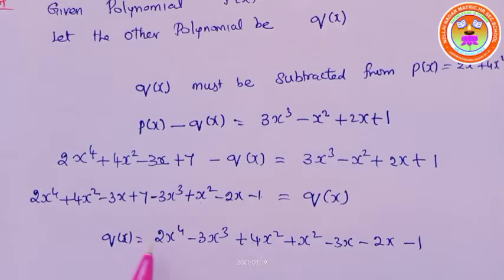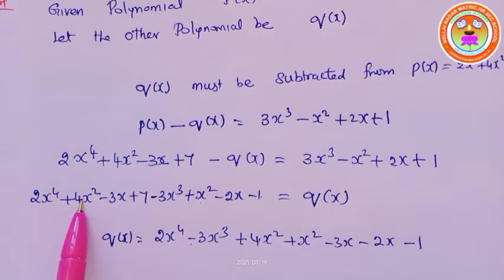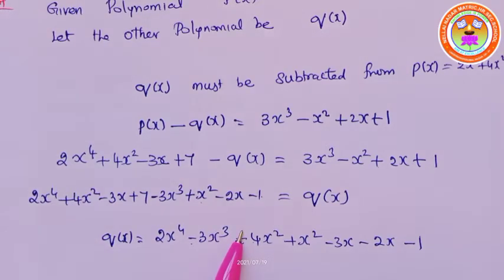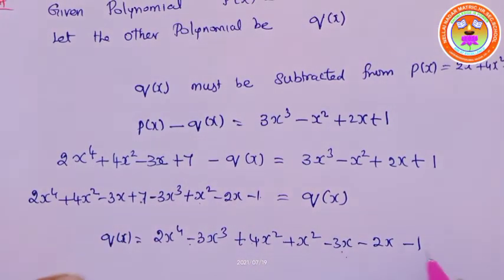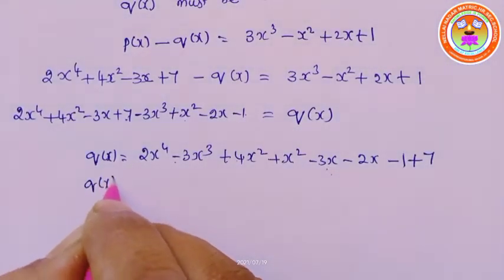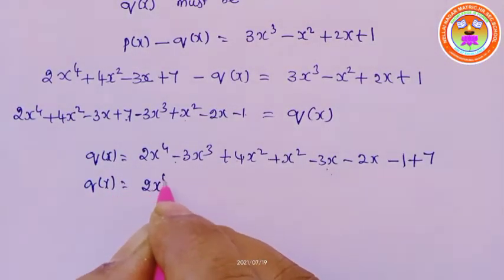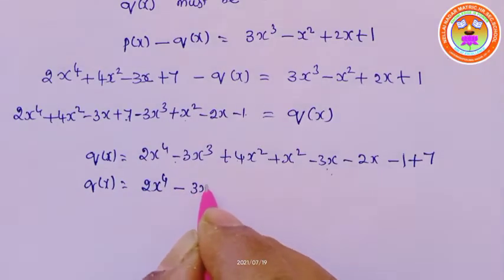So which is left? 2x power 4 is there, minus 3x cube is there, plus 4x squared is there, minus 3x is there, minus 2x is there, minus 1 is there, 7 is left. So plus 7. Now it's clear, right? Now q of x is equal to, so 2x power 4 as it is, minus 3x cube as it is.